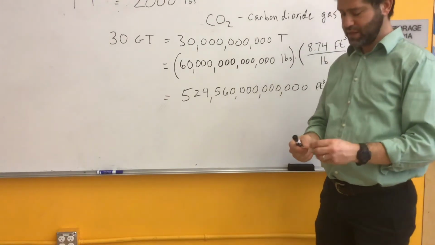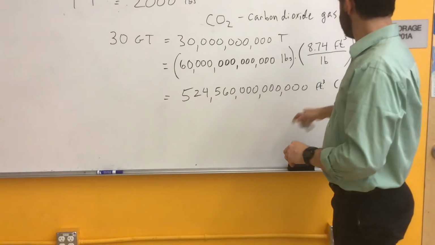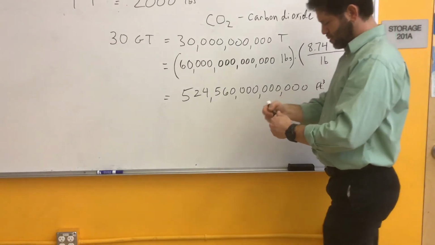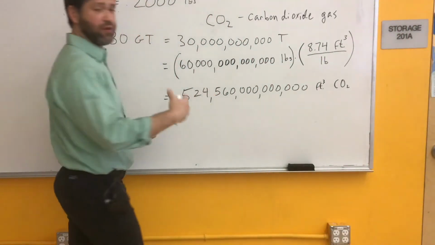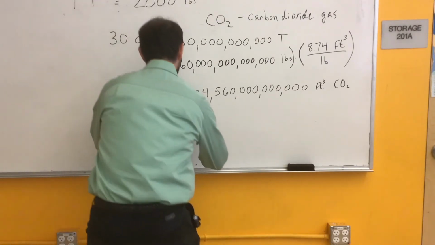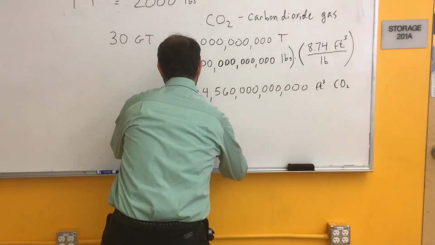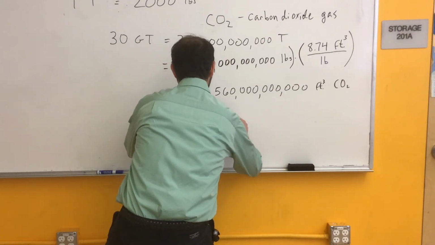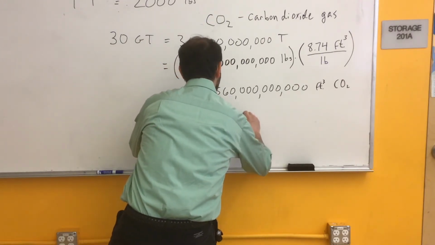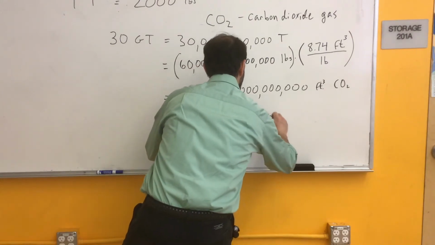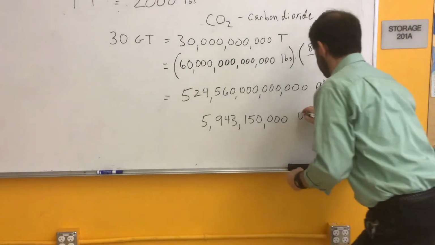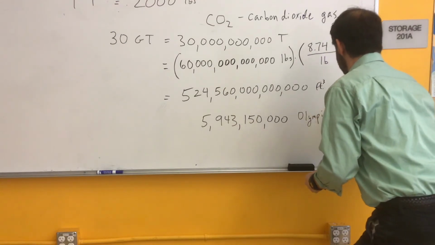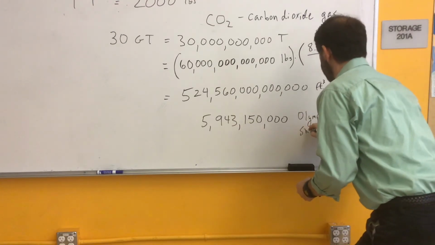It's 88,263 cubic feet. So if we divide the cubic feet by that, to get the number of Olympic-sized swimming pools, we end up with 5,943,150,000 Olympic-sized swimming pools.